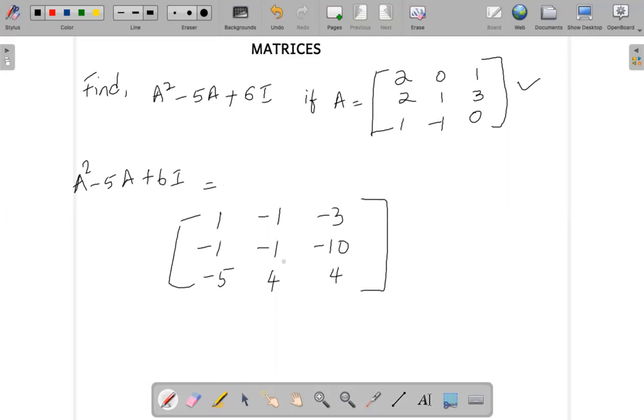So this is what we find after simplifying it.